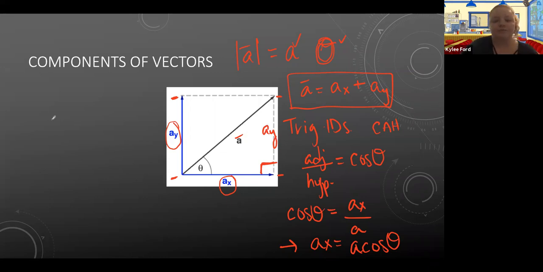So I now know my opposite, which is AY, and my hypotenuse again. Opposite and hypotenuse gives me sine. So we can solve for AY from there: AY equals A sine theta. And there we have it. Now we have broken down our vector A bar, and we can solve for every side, every component.